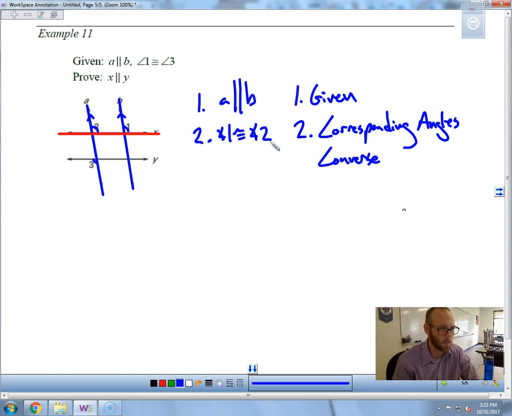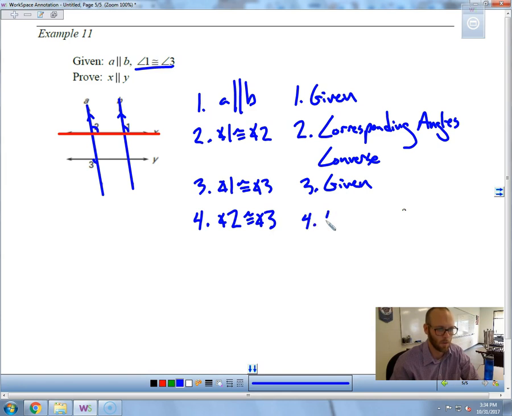Alright, so 1's congruent to 2. Let's not forget that 1 is congruent to 3. That was given. If 1's congruent to 2 and 1's congruent to 3, then 2 is congruent to 3. There's one of our favorite properties, the transitive property.